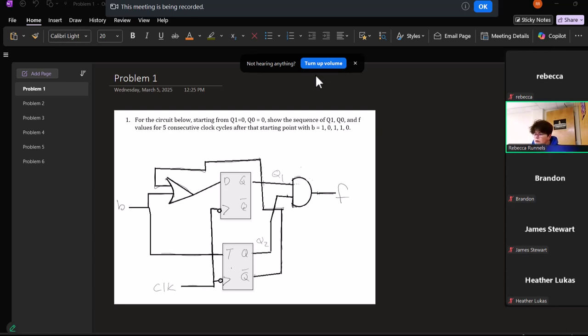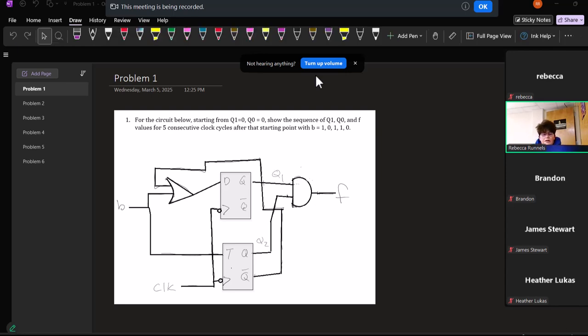All right, so this first problem gives us a circuit with some flip-flops, and we're supposed to show the sequence of what happens after 5 consecutive clock cycles, starting with, oh, and I had a typo on here that I meant to change. On the circuit, leave this as Q1, but the one underneath it should be Q0.